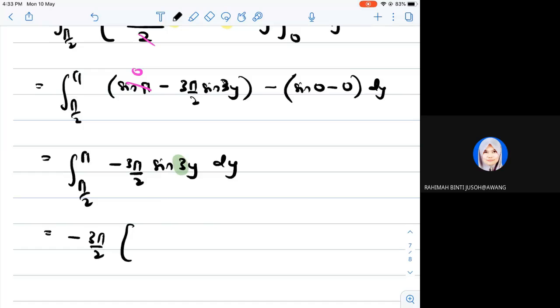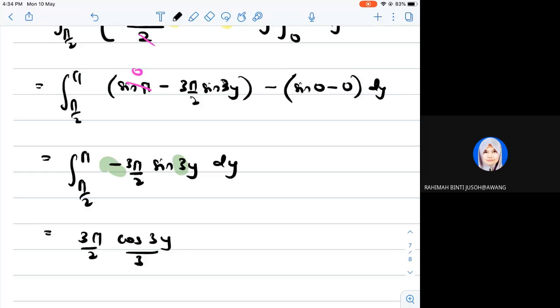So integrate sine, you get, if you integrate positive sine only, negative cos, isn't it? But if you integrate together with the negative, you straight away get positive cos. Okay, so straight away we will get 3 pi over 2 cos 3y divided by 3.